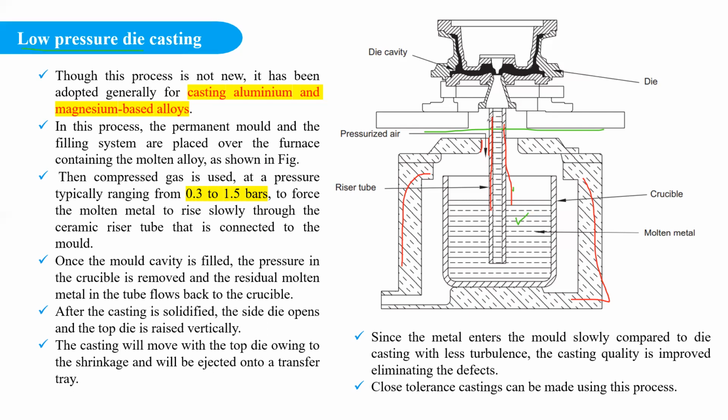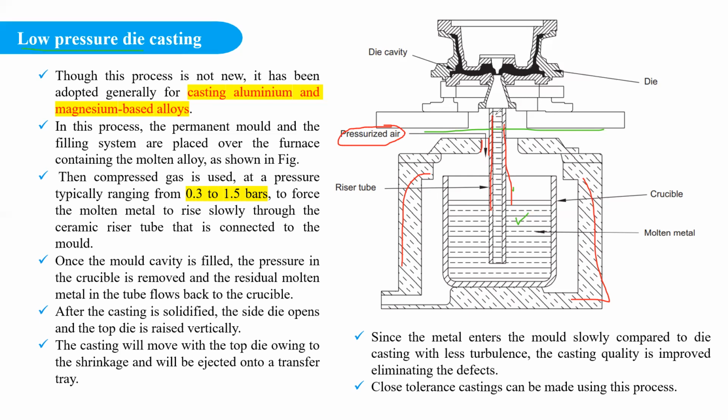One end of the ceramic tube is connected to the mold, and the other is immersed into the molten metal. Because of the pressure gradient, the molten metal rises and flows into the mold cavity. Once the mold cavity is completely filled, the pressurized air sent into the furnace is cut off and removed, so that the excess molten metal inside the ceramic tube flows back into the crucible.